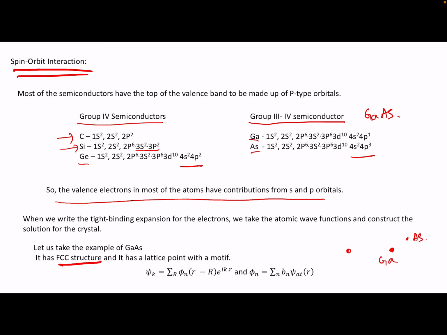In silicon, you have both of them being silicon. So how do we write the solution? We saw this in the previous case. You write each phi n as a summation of atomic orbitals, and you put it in a Bloch kind of solution to give you the electron wave function psi k, right?